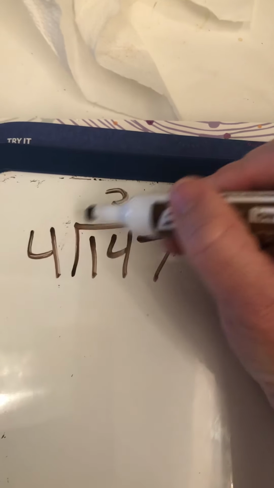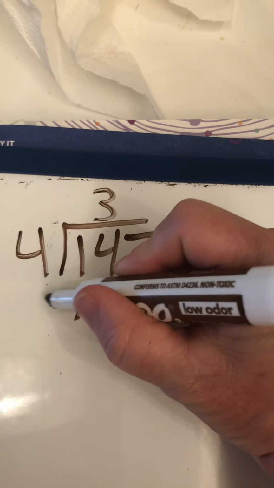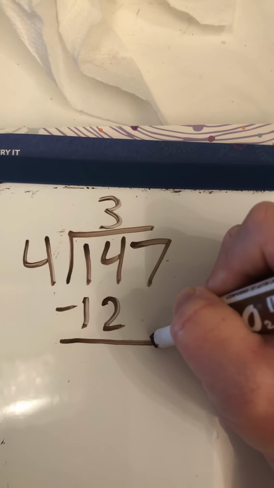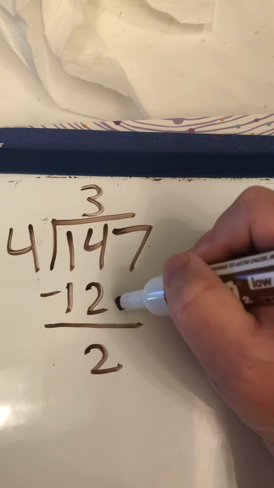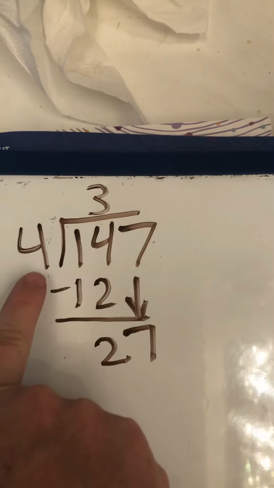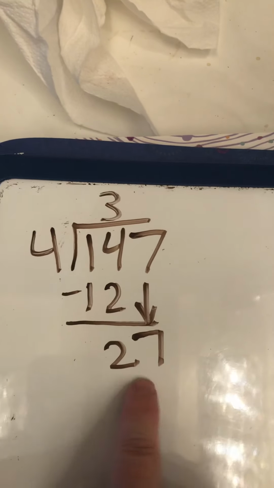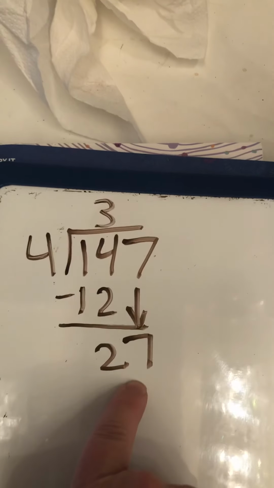So the next step, we said 4 times 3 is 12. I'm going to put that 12 right here and subtract. Okay? 1 minus 1 is 0. 4 minus 2 is 2. Bring down that 7. Now I'm looking at 4 times what equals 27, or will get me as close to 27 as possible.